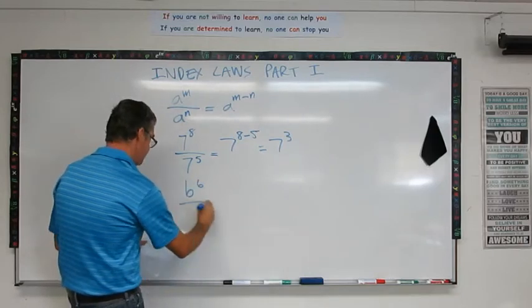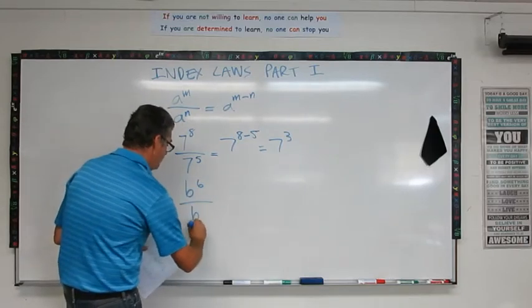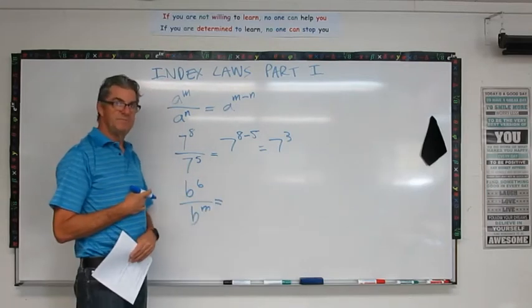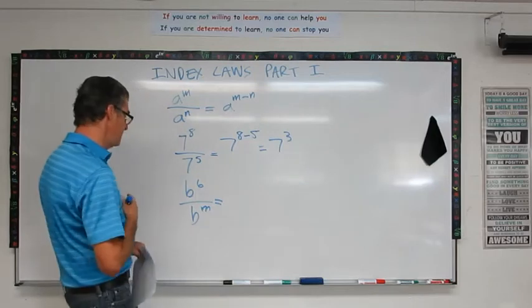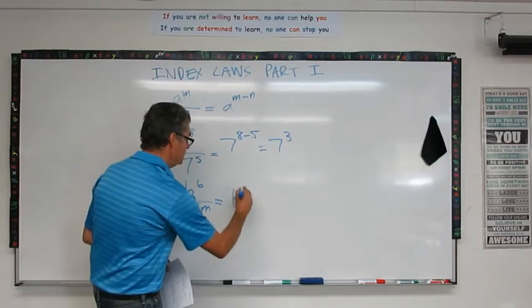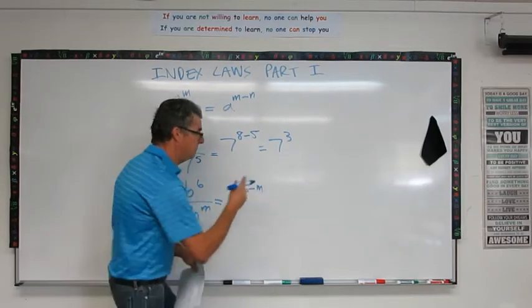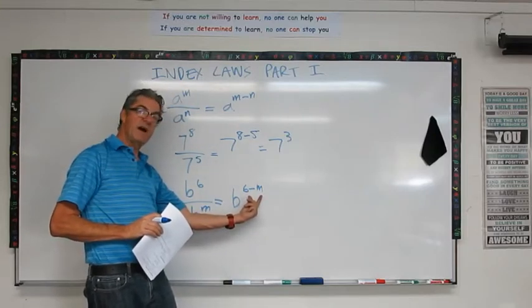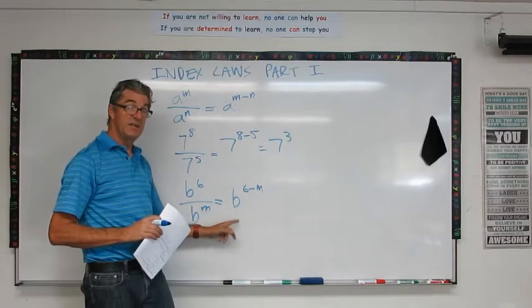Okay? Let me give you one to try. b to the 6th over b to the m. Pause the video. Okay, let's see how you did. This is going to be b to the 6 minus m. And like that previous example, we don't know what m is, so we cannot combine these, so we are done. Let's try one more.